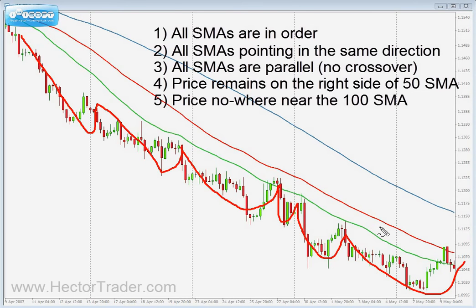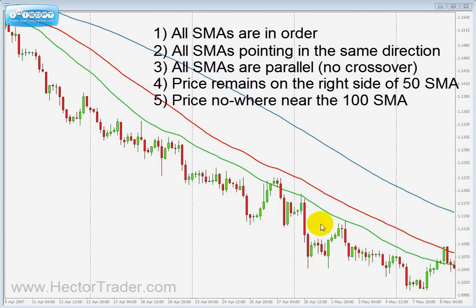In most trends, for price to touch the 100, usually what we see is quite a large pullback. Let's assume, for example, this last swing I'm marking right now on my screen, and it's followed by this pullback.